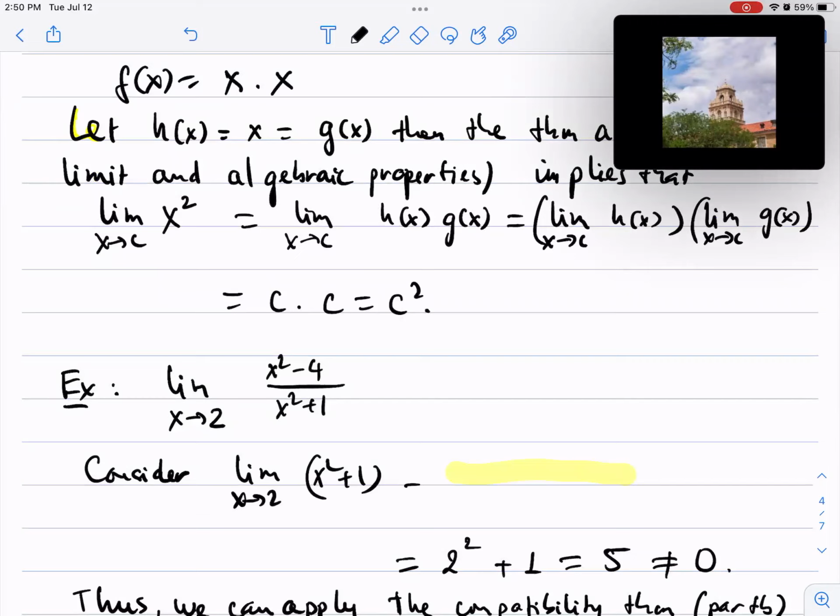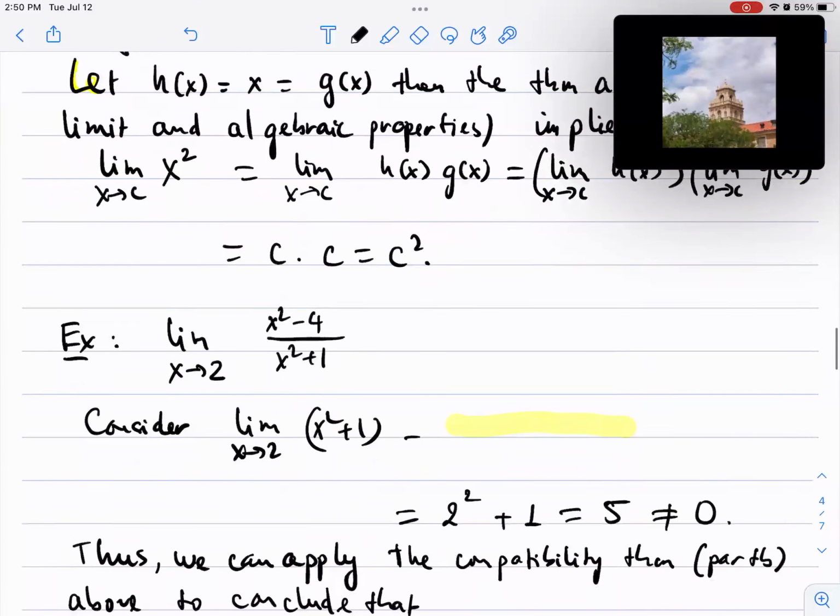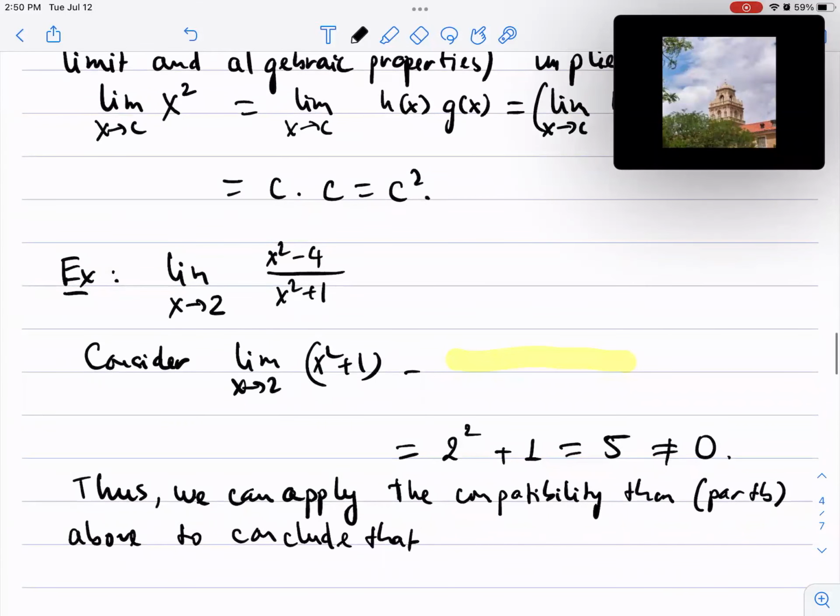So the limit of the product is equal to the product of the limits. That is essentially the content of the theorem. And the limit of each function here is equal to c. So that's why the limit here equals c squared.